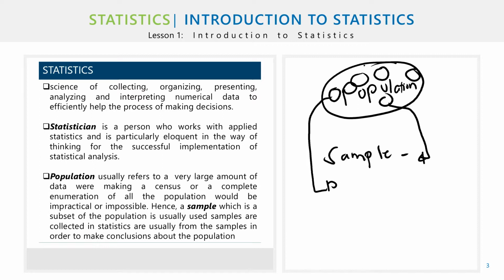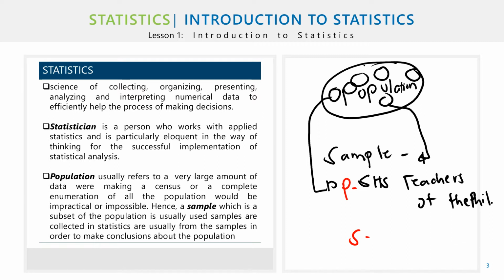For example, ano example natin ng population? For example, yung population natin is senior high school teachers of the Philippines. Ayan, pagpasensyahan nyo na yung sulat. Okay, so if the senior high school teachers of the Philippines is our population, now, ano yung pwede nating sample na kunin?